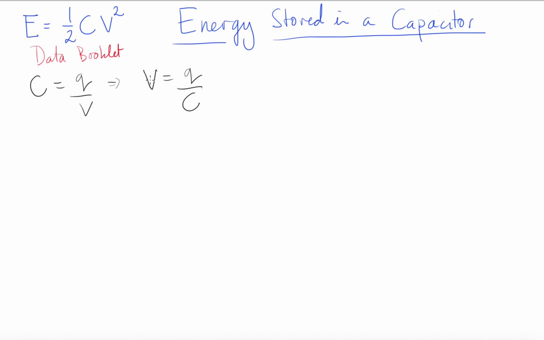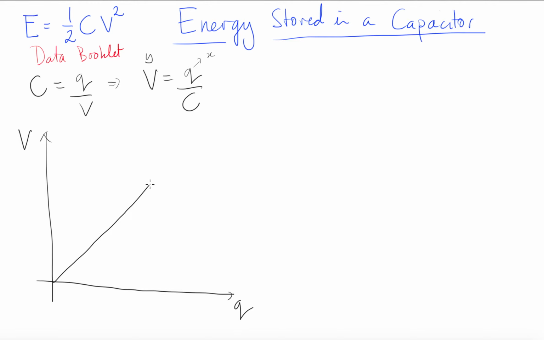So comparing this with the equation of a straight line, if this was my y and Q was my x, then if I was to plot potential difference against charge, I would get a straight line through the origin whose gradient is equal to 1 upon the capacitance.